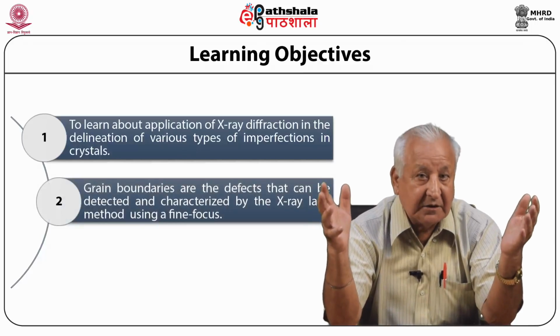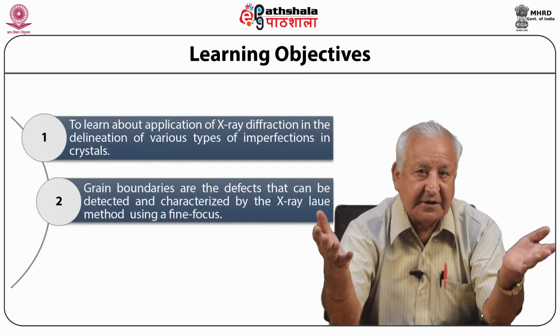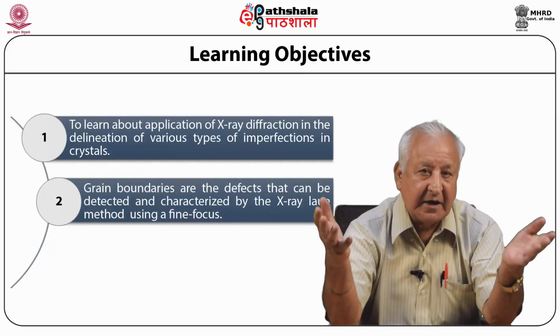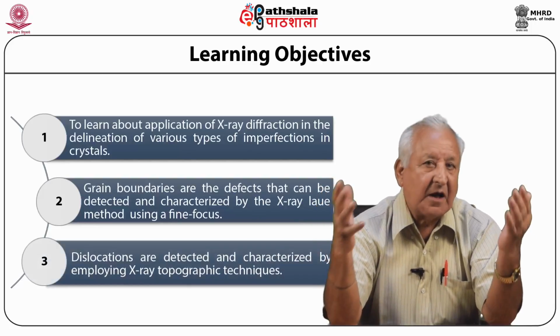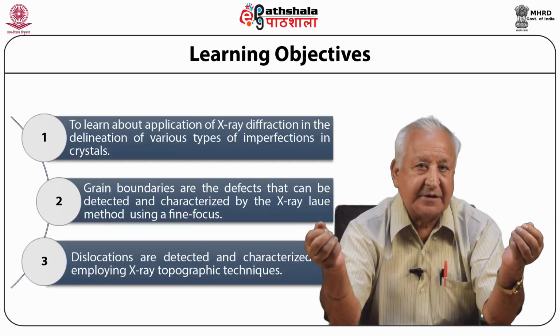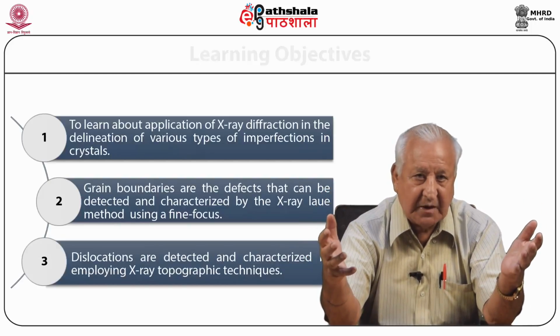Grain boundaries are the defects that can be detected and characterized by the X-ray Lang method using a fine focus. Dislocations are detected and characterized by employing X-ray topographic techniques.